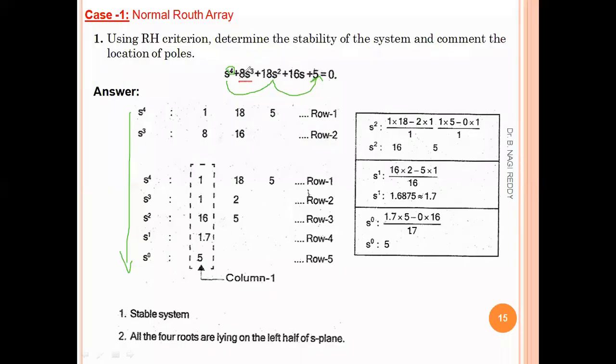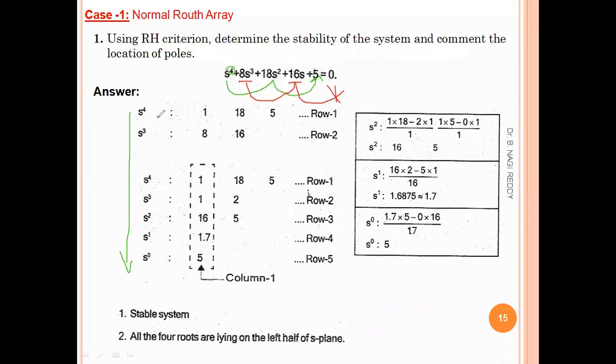So from s cube we can start. The coefficient for s cube is 8. So write 8 here, and then s power 1. The coefficient here is 16, and now you can see there are no more terms here. So only 2 terms will come, 8 and 16. So 2 coefficients as in row 2.